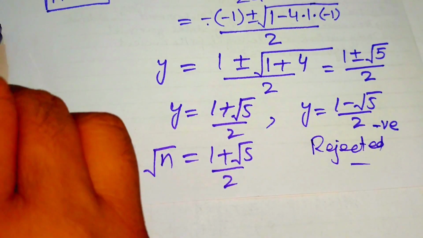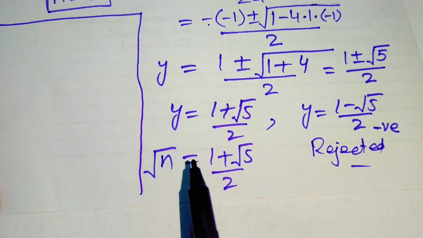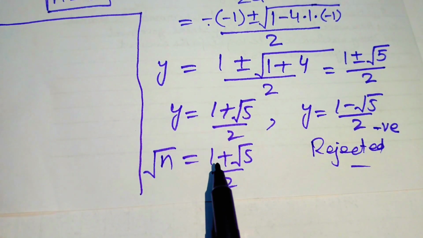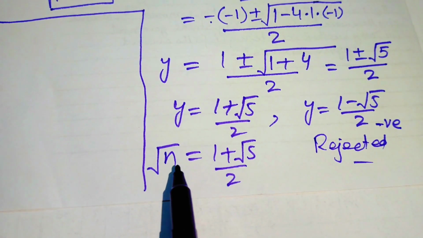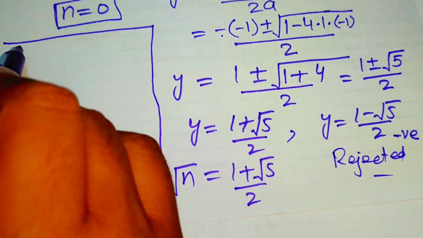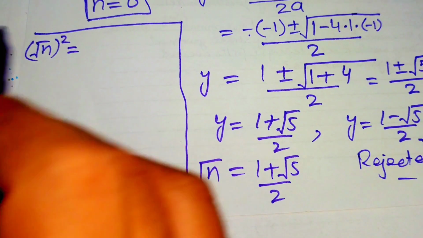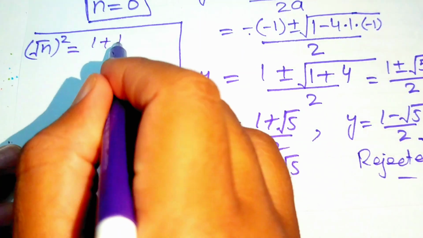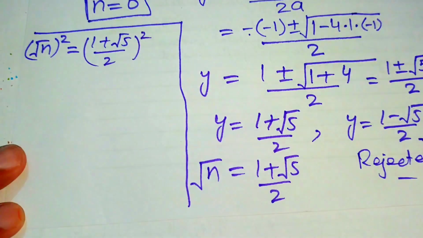In this case we need to take the square on both sides of this equation in order to find the value of n, so that we get square root of n whole squared equals to 1 plus square root of 5 divided by 2 whole squared.